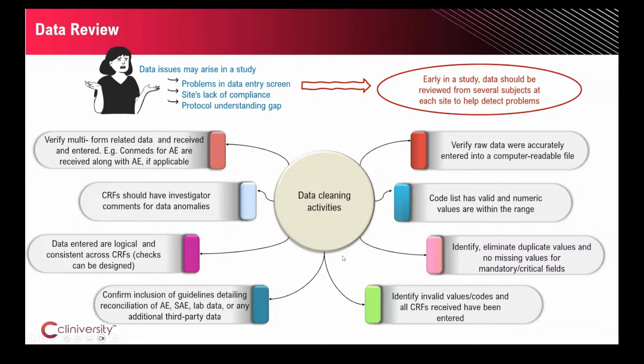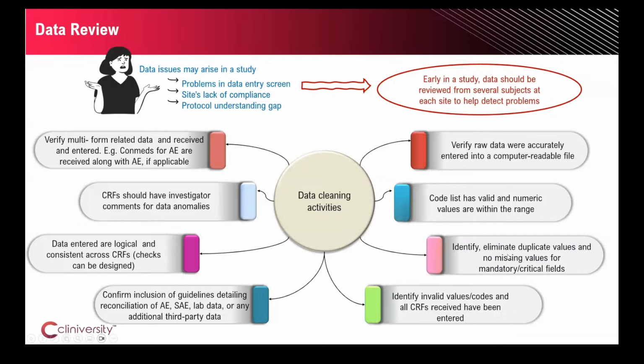So the following are the data cleaning activities to be performed: verifying that the raw data has been entered accurately in the computer, that the code list is valid, and numeric ranges, where reference ranges or normal ranges get applied to the numeric values on submitting the values.